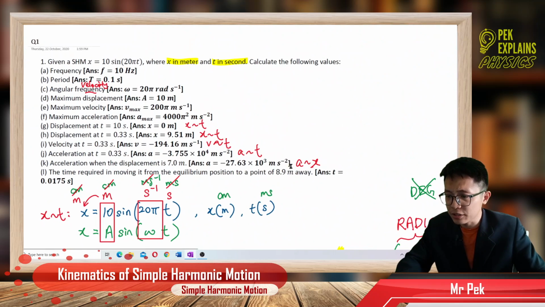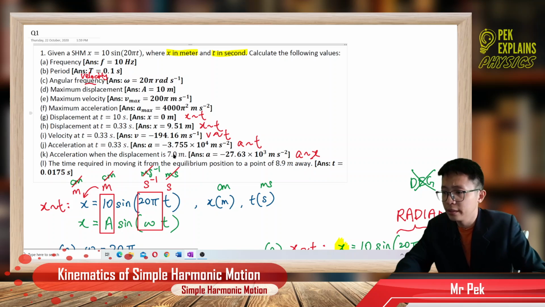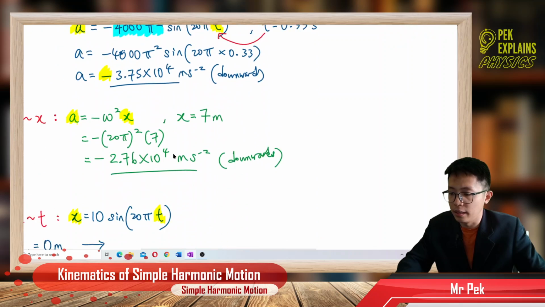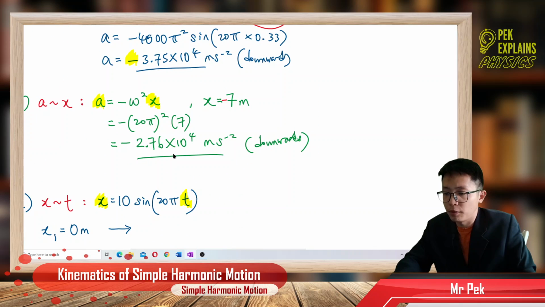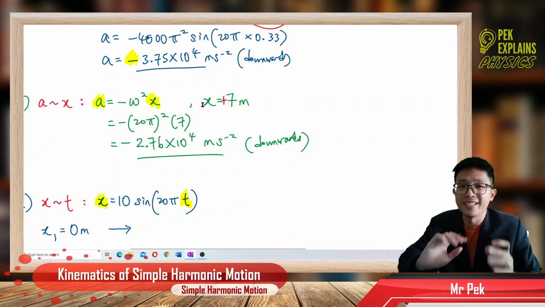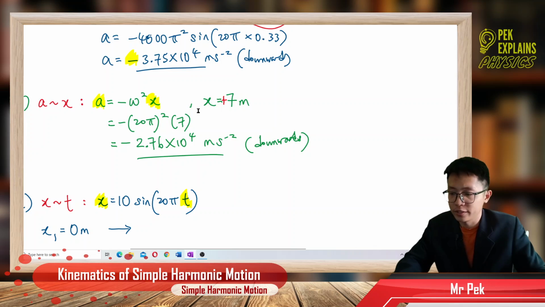Actually, he says displacement is 7 meter, which means this is the positive displacement, upward or to the right. Displacement is positive, acceleration is negative. Acceleration and displacement always have opposite direction. So when one is positive, one must be negative.